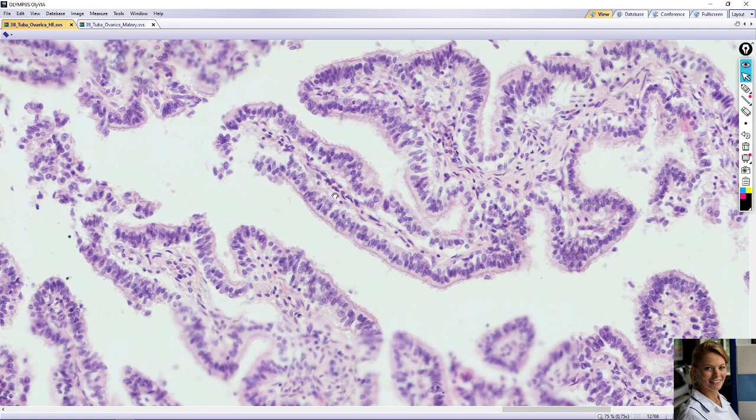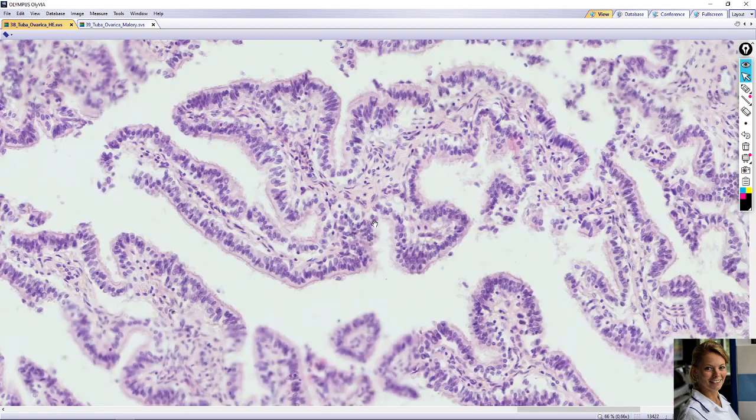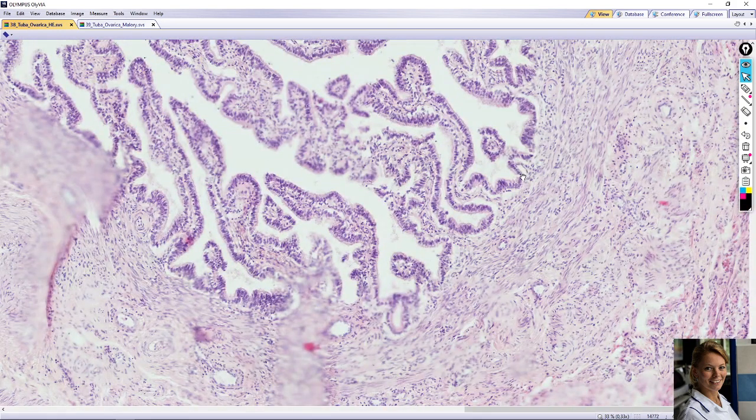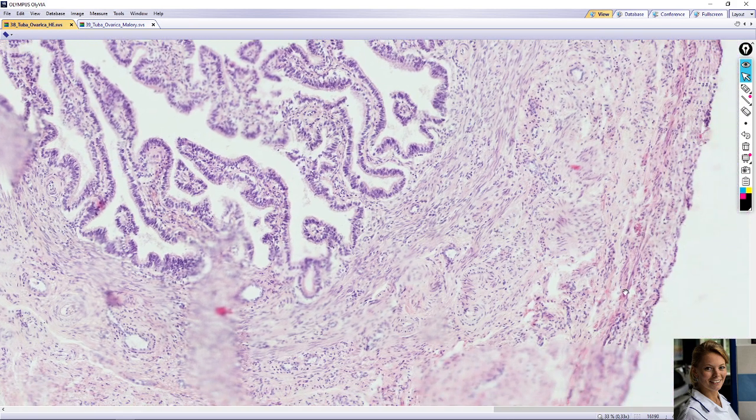Inferior to the epithelium are the basal membrane and lamina propria, loose connective tissue with blood vessels. The muscularis consists of two layers, an inner circular layer here, and an outer longitudinal layer.